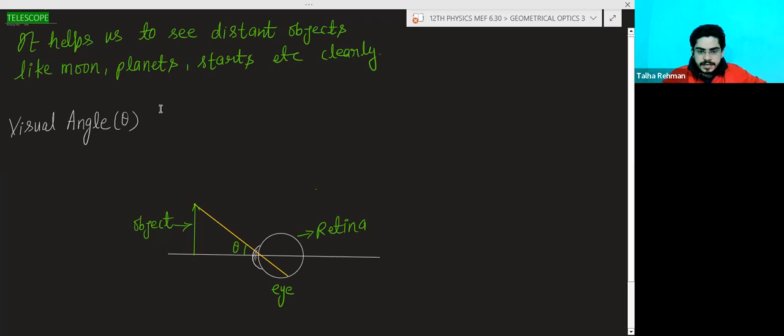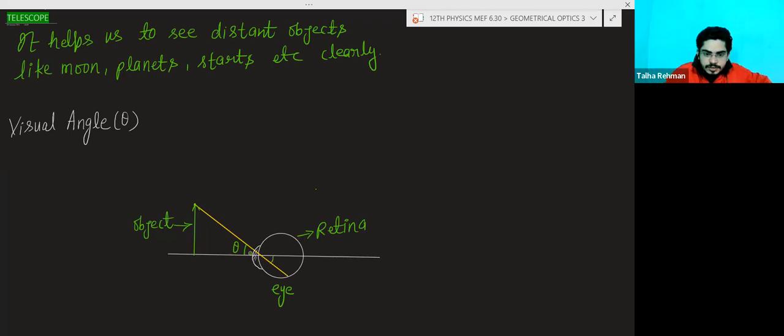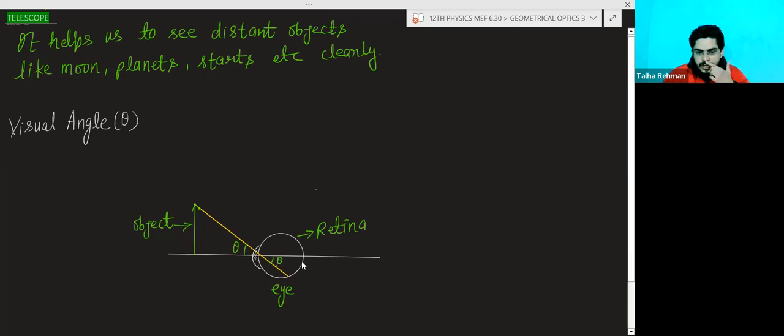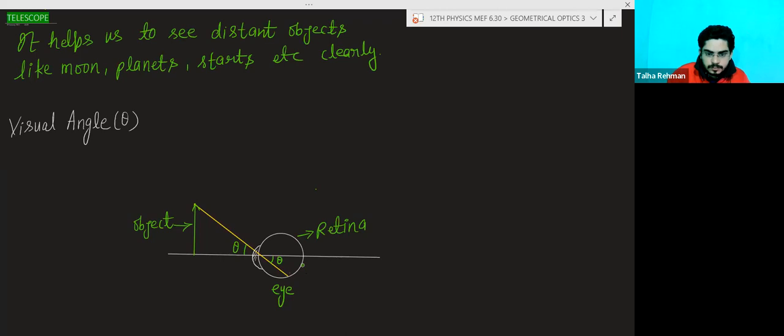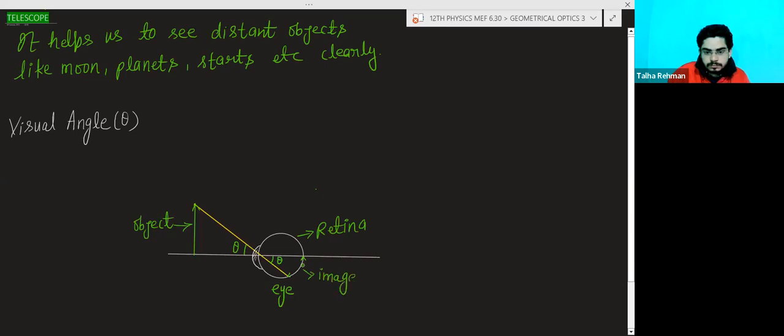By the way, this is the retina. The larger this angle is, the larger the image will be. If this angle is theta, then this angle will also be theta, and here will be the image. So the larger the visual angle, the larger the image.